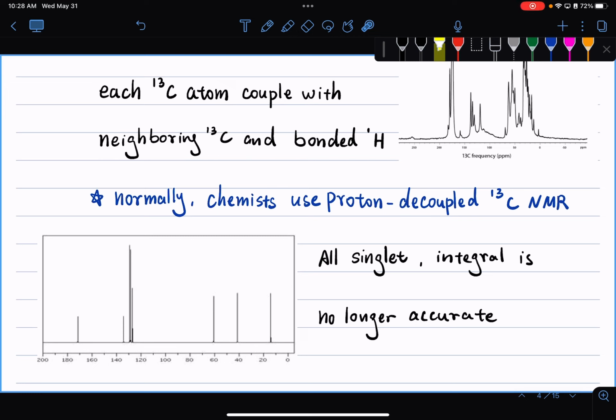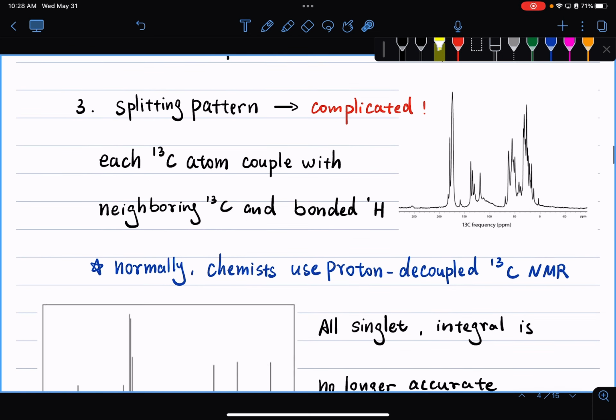Now, we spent 5 minutes talking about that concept. But if you imagine this concept appears on your final exam, it might be a multiple choice question, right? Why in proton decoupled carbon-13 NMR are only singlets shown? It's because the splitting pattern is complicated.